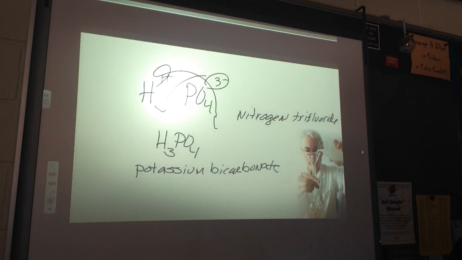Number 20, we got some iron, which is positive and it's the left of the stair step, and we got some sulfate, which is negative, which is polyatomic, and we also have a transition metal. Okay, number 20 is iron 4 sulfate. Say that again. Iron 4 sulfate.